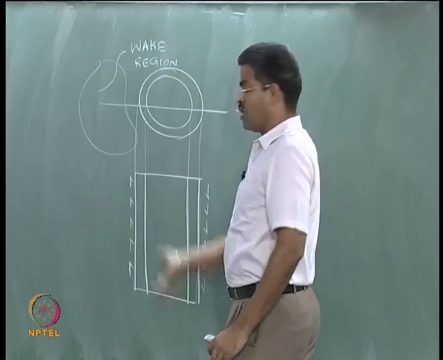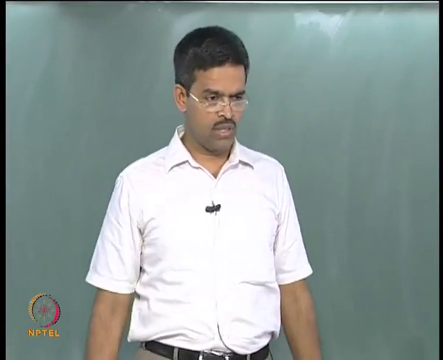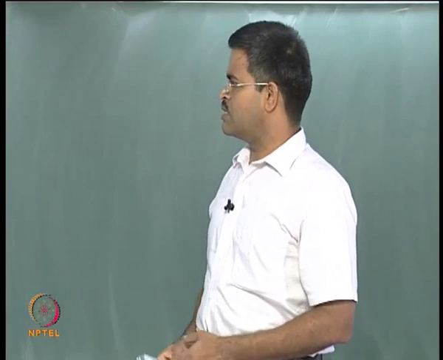There is a downward and upward flow; it shears off the flow, that is why it is called a shear flow. It shears off the flow because of the presence of the vertical cylinder.